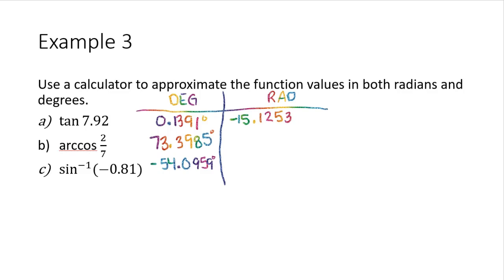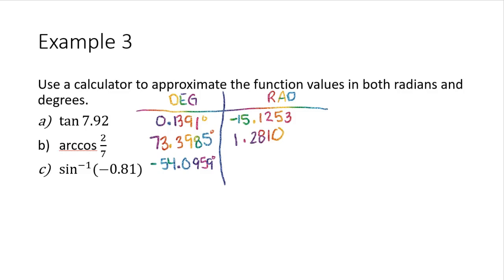Now let's do the arc cosine. We're going to put in second cosine, 2 divided by 7. Remember, we're in radians. And I get 1.2810.